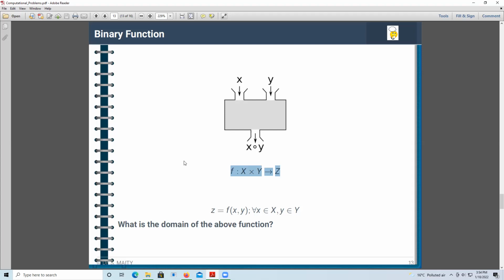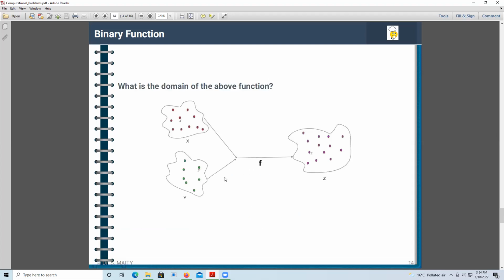See, what is your input? x and y. Ordered pairs of x and y, sir. You are taking one element x from this set, and you are taking one element y from this set.